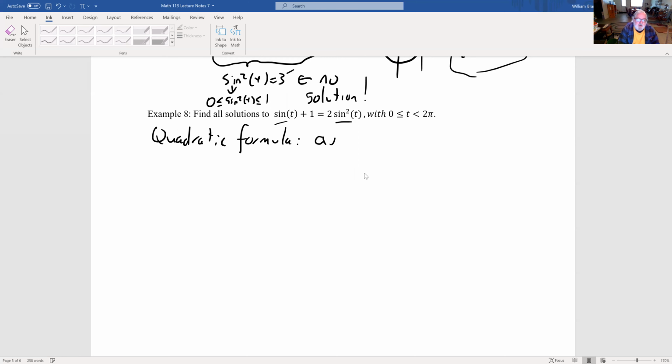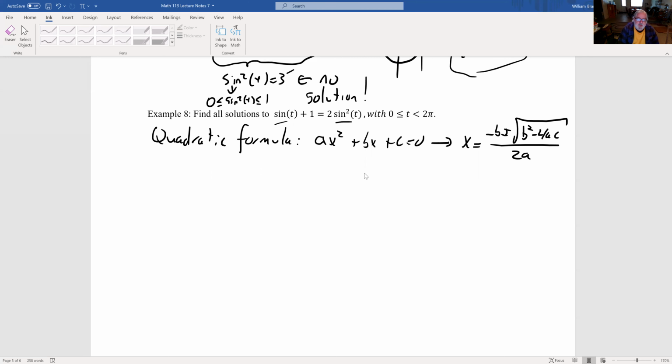And remember what the quadratic formula is: ax squared plus bx plus c equals 0 means that x is negative b plus or minus the square root of b squared minus 4ac, all over 2a. Apparently there's a song that goes along with that, and if you Google that on YouTube, you could probably find it, but I don't remember it.